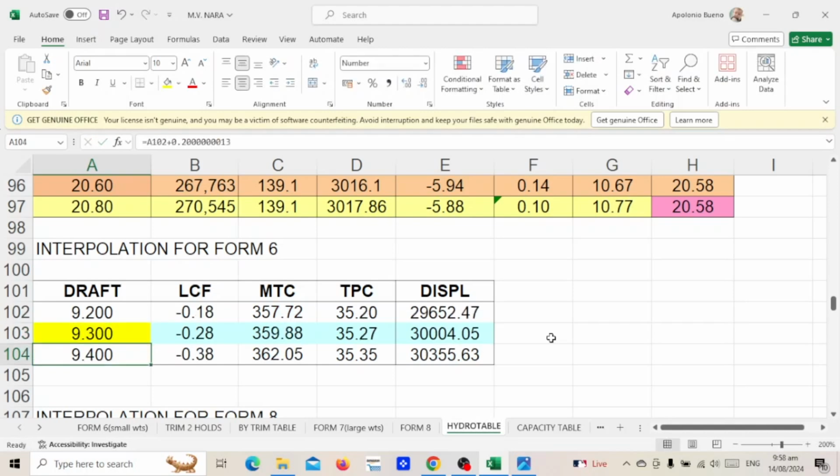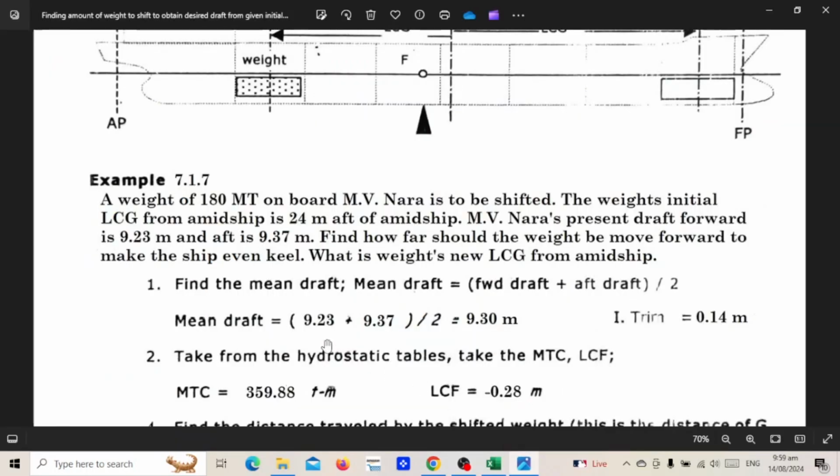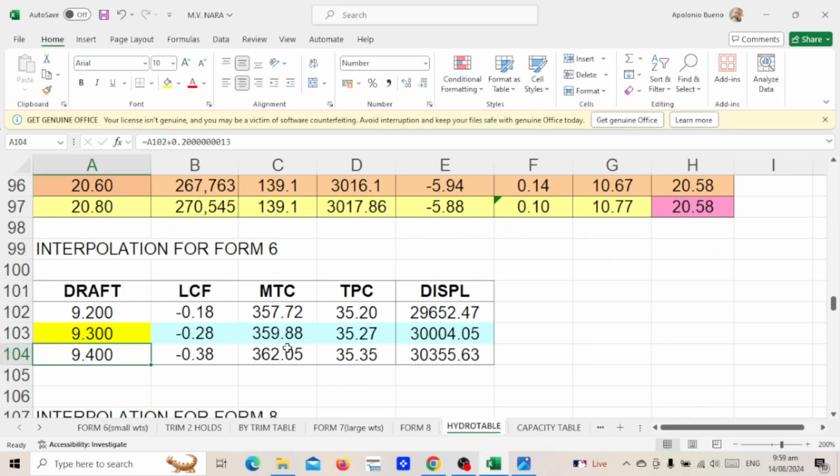Okay, then your MTC is 35988, and LCF should be negative 028. Okay, LCF. Or you can also use the other program, which is this one.